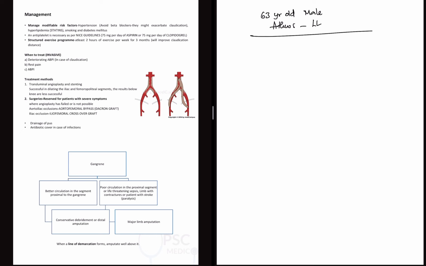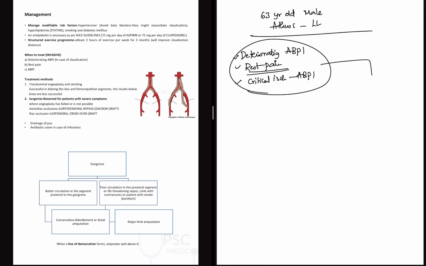If the patient has deteriorating ABPI, or if the patient is having rest pain, or if the patient is having critical ischemia in ABPI, in whatever case, if the patient is progressing to more critical stage, then you have to go for the treatment. If not, supportive treatment is more than enough.